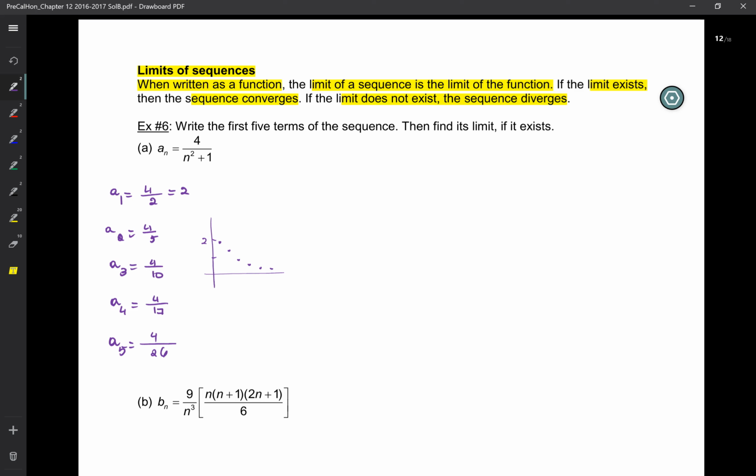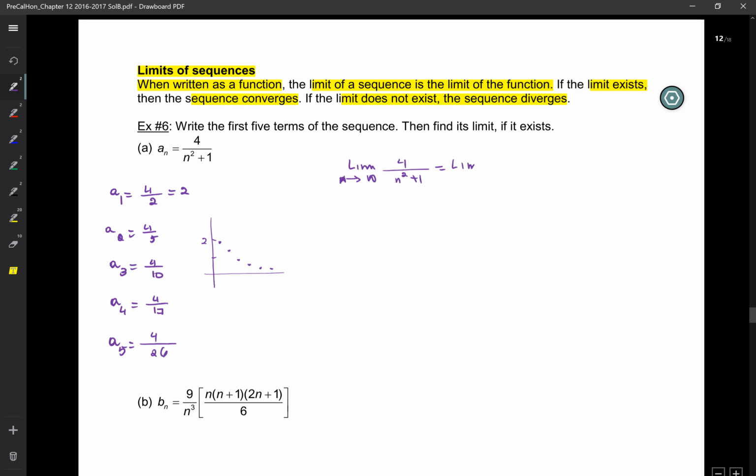So now we're going to see if it converges using limits. We're going to find the limit as n approaches infinity, like when you look at a sub, I don't know, 5,200, right? So the limit as n approaches infinity of 4 over n squared plus 1.